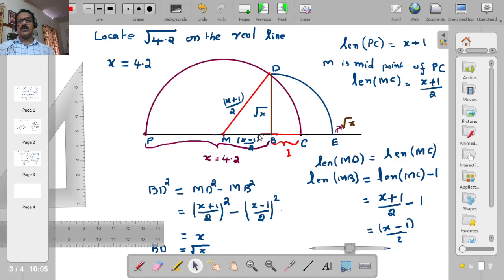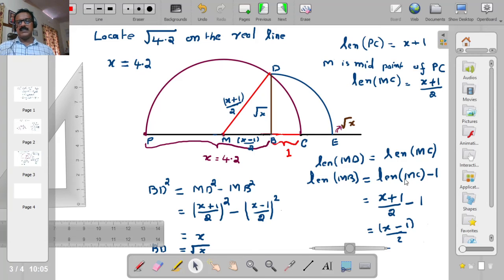We know that the length of MC is (x plus 1) by 2 units. So length of MB is length of MC minus length of BC, and length of BC is 1 unit.